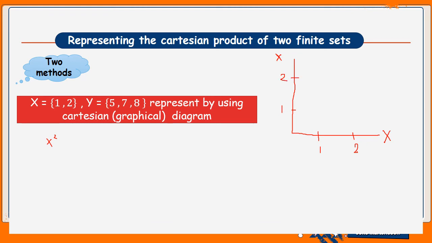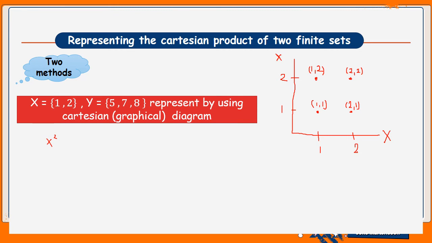Here are the points: (1, 1), (1, 2), (2, 1), and the last one, (2, 2).